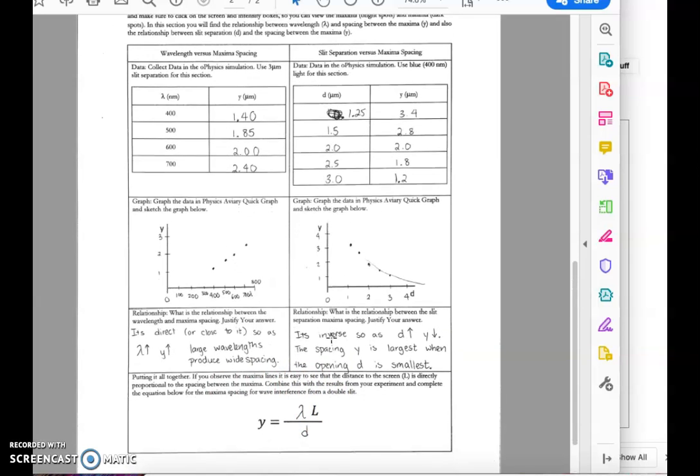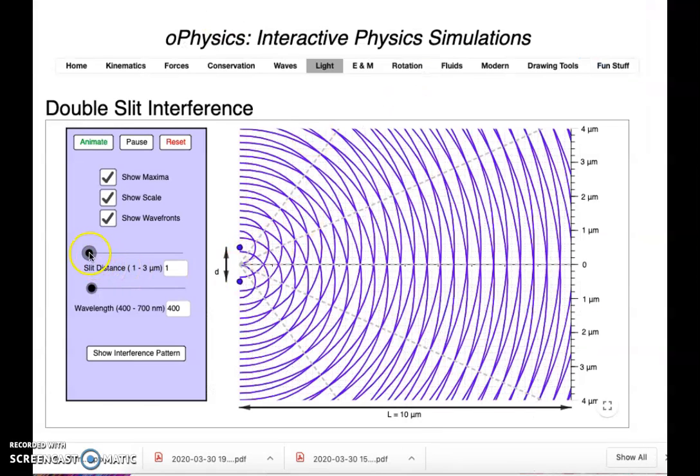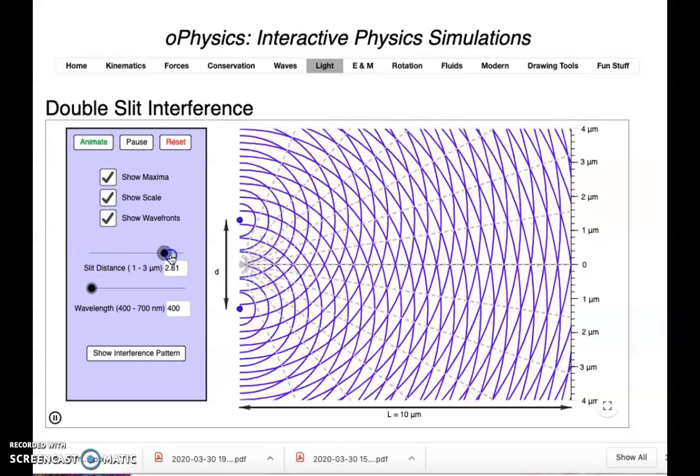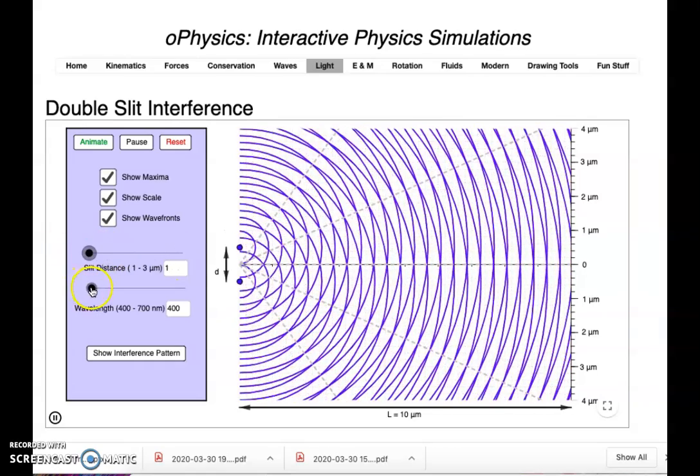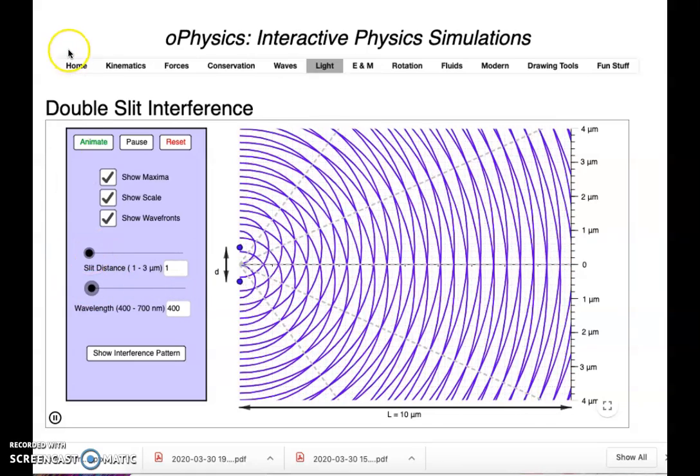And the rest of our relationships that we took from the O-physics data show a direct relationship for wavelength and distance, right? And an inverse relationship between slit spacing and Y. Those were the two relationships we were talking about with slit distance. If it's larger, it's closer together. And wavelength, changing the color, changes the distance. So review the homework, make any changes you need to change, and then we'll take a look at the new learning for today.